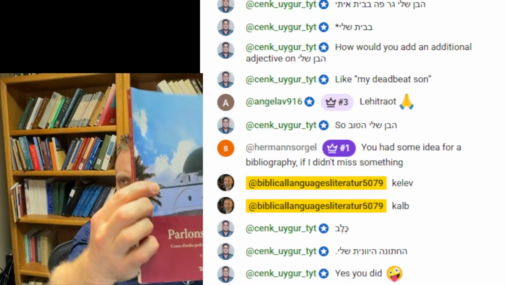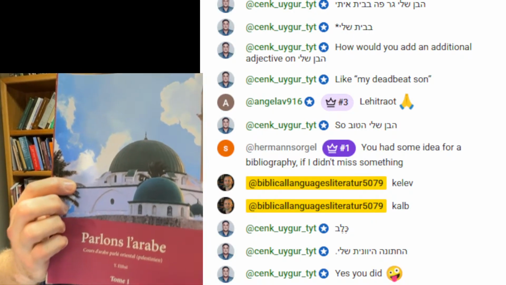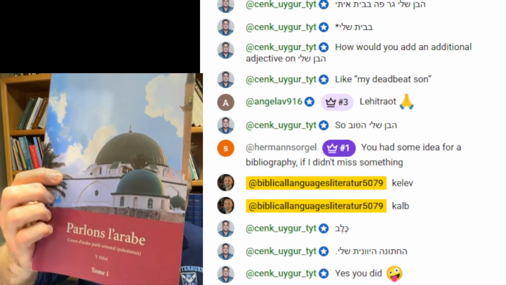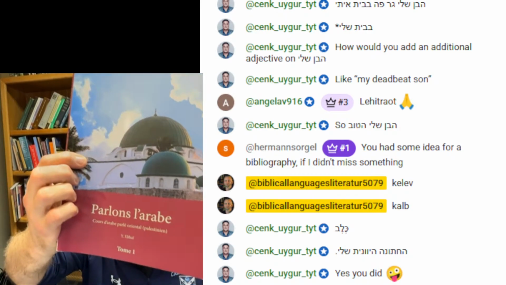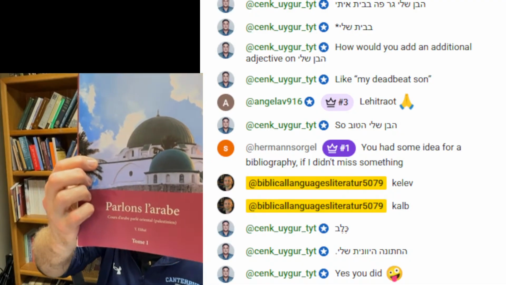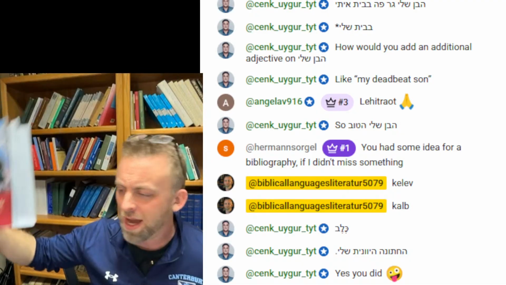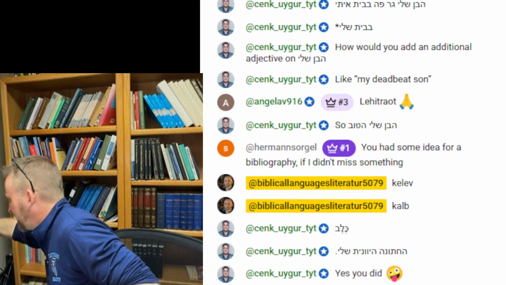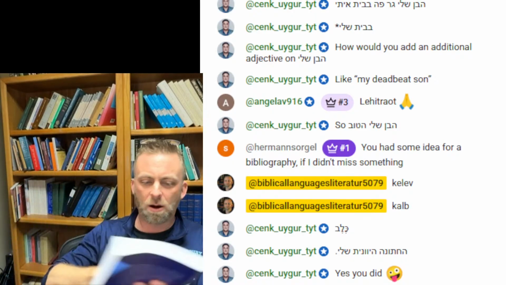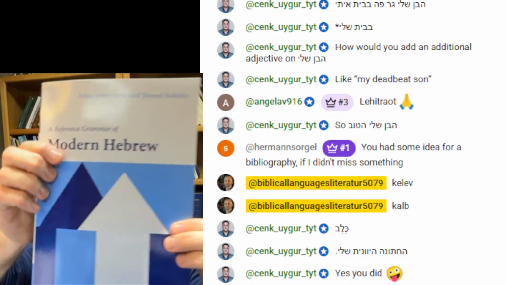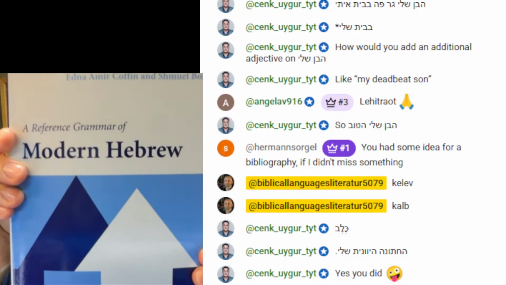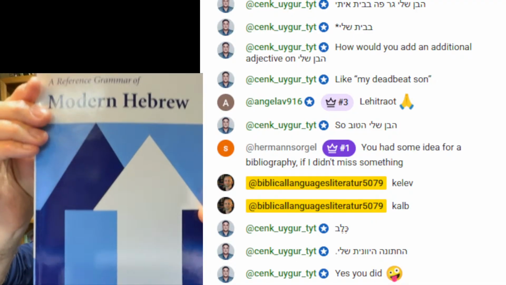Yeah, so just a couple of resources here. This is the French edition of that Speaking Arabic book, but they have an English one, right? It's made for English speakers as well. And this is a great book that breaks down verbs in Arabic. And then, of course, this is a great reference grammar of modern Hebrew.